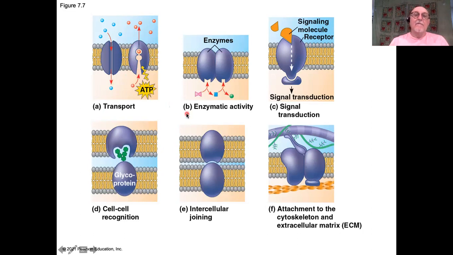The second set of functions of these embedded proteins is that many of them are enzymatic. And we're going to learn, for example, when we talk about respiration, when we talk about photosynthesis, these kinds of processes are membrane-associated processes, and they depend upon these proteins being embedded into the membrane.